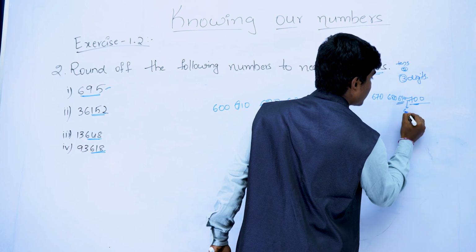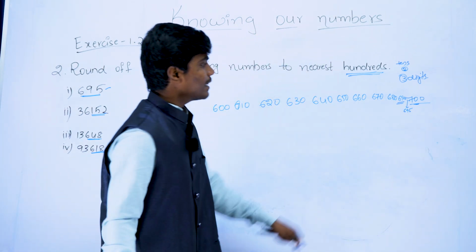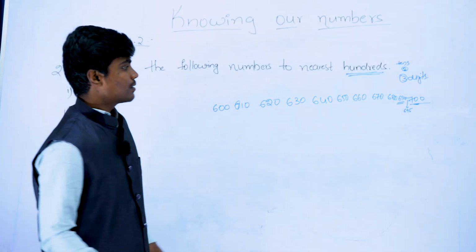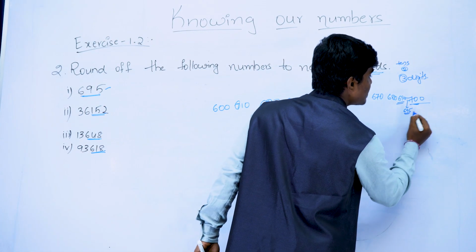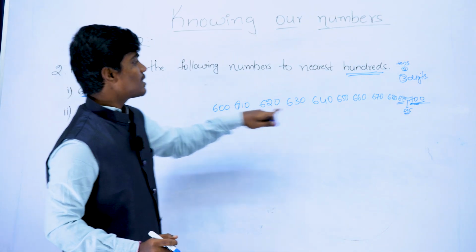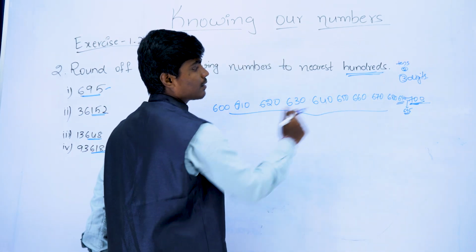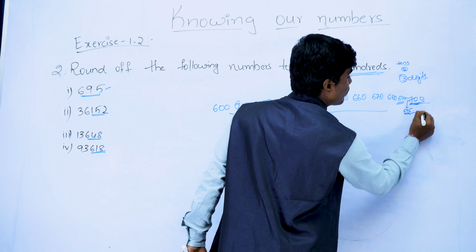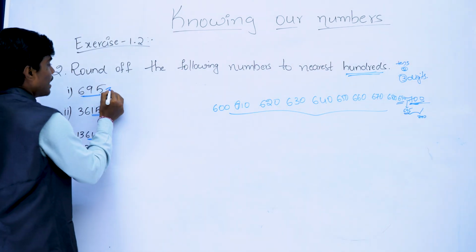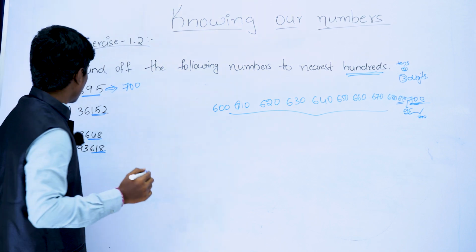As I told you, we have to check the distance to 700 and 600. 695 is just behind 700, and it is too far away from 600. So 695 is rounded to 700. The answer is 700.